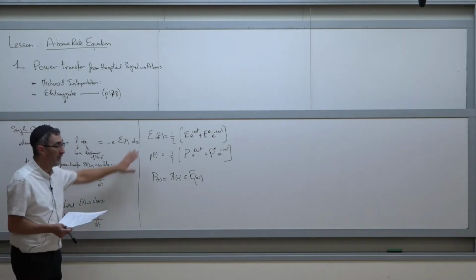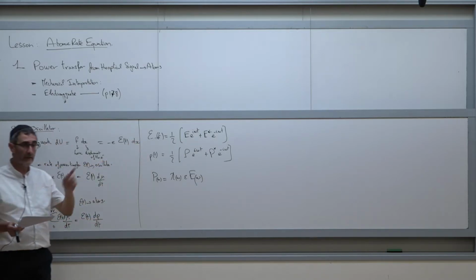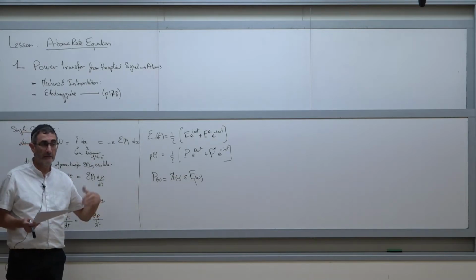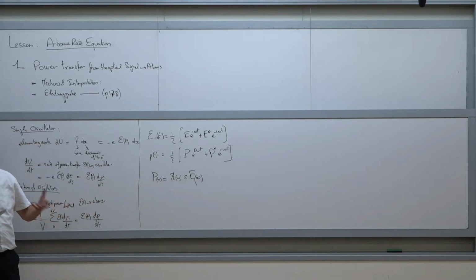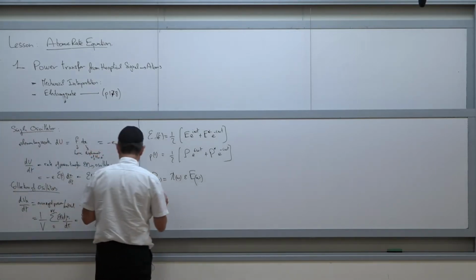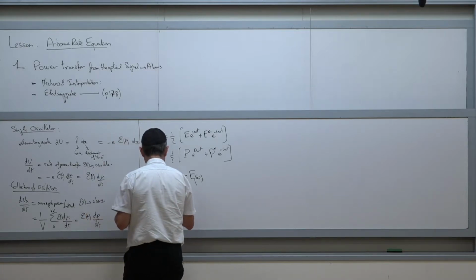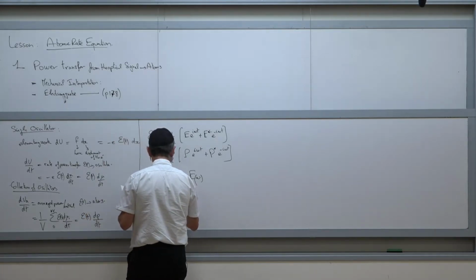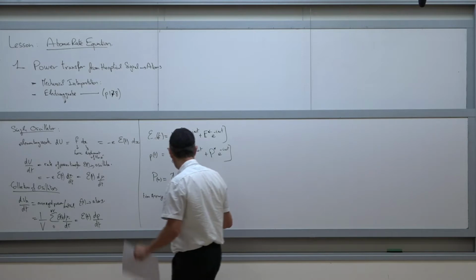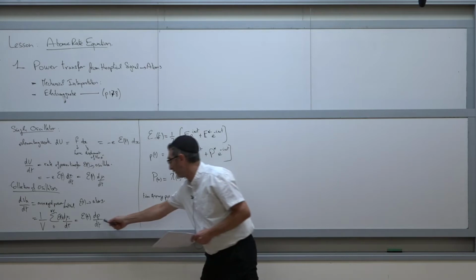So if we average this quantity over time, any oscillating term on average will be 0. So I just keep the constant term. If I consider the time average power, I have dUA over dt averaged over time, equal to what?